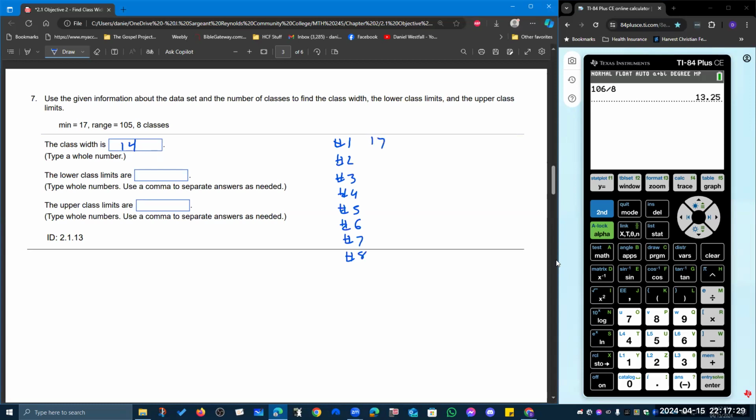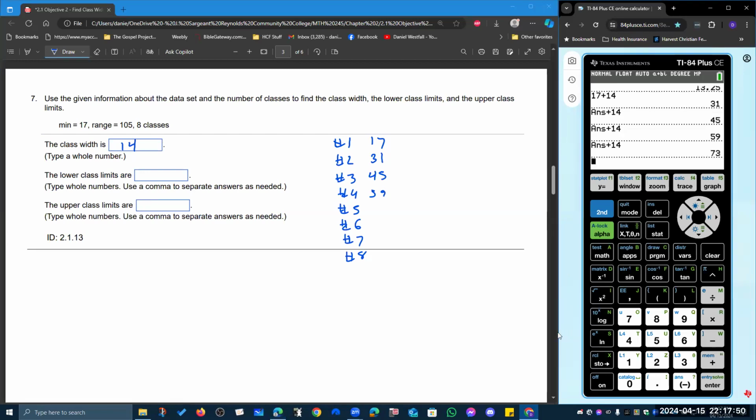Start out with 17 and add 14 to it. 31 plus 14 is 45, plus 14 is 59, plus 14 is 73, plus 14 is 87, plus 14 is 101, plus 14 is 115.